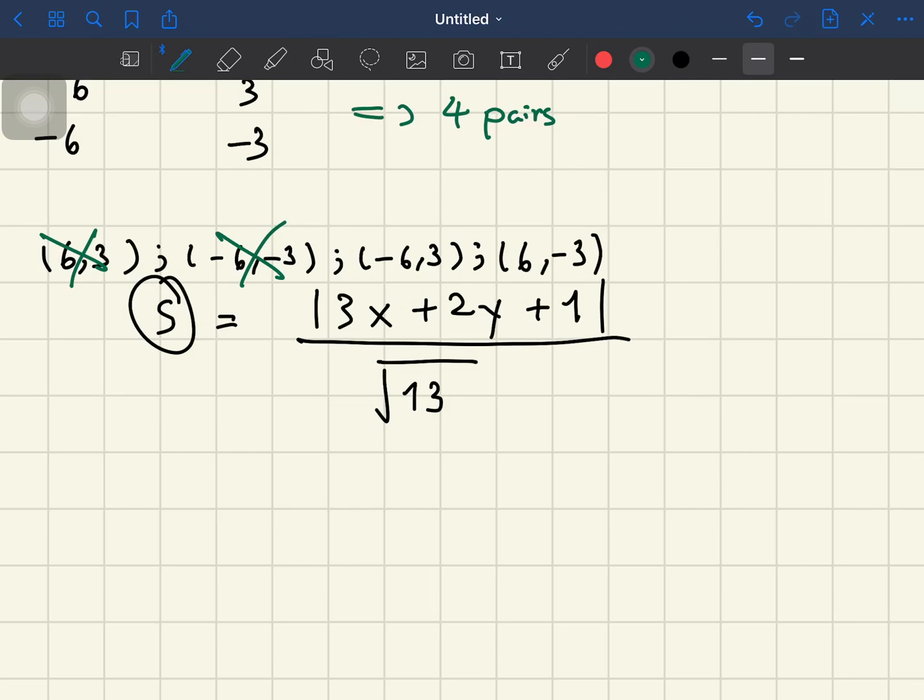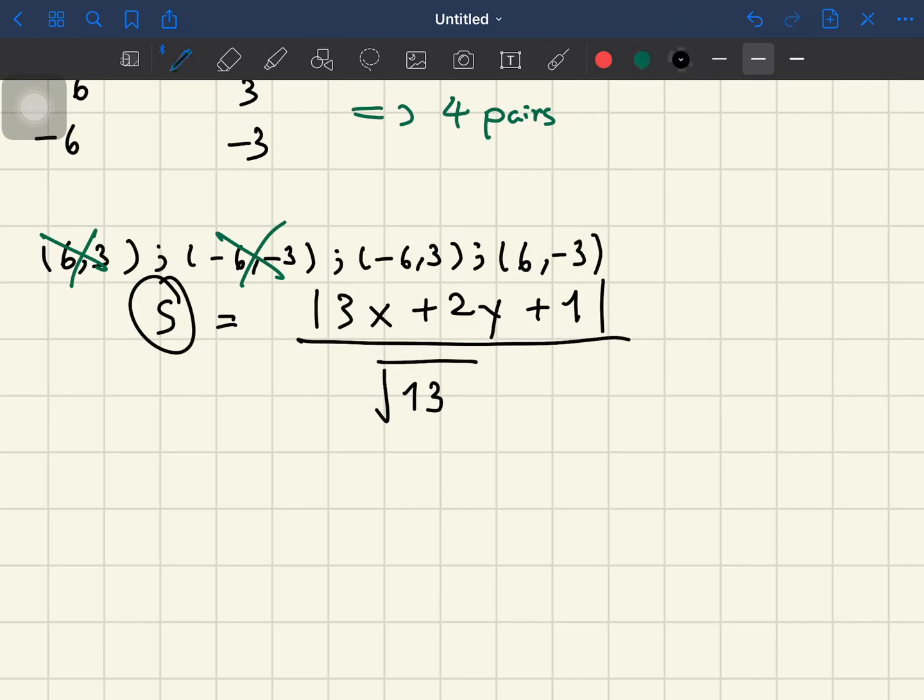Logically, we can think that we need a relatively large negative number, which is negative 6, substituted for x, and hence we will get the shortest distance. But you must also think that you might get a large negative number on the numerator when you substitute x equals negative 6.